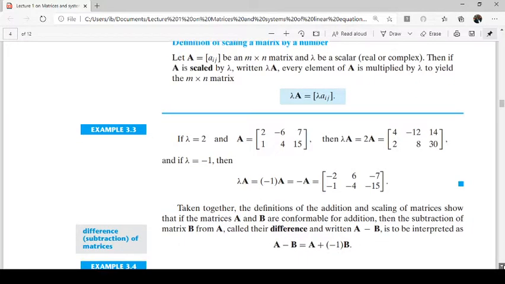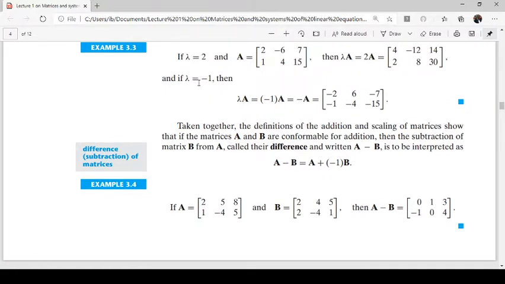That means 2 multiplied by this matrix, I have this. Assuming I have lambda to be minus 1, then lambda A is the same thing as minus 1 times matrix A. That's minus A. Minus 1 multiplied by this matrix, I have this. Now, we can as well look at the difference, subtraction of matrices.